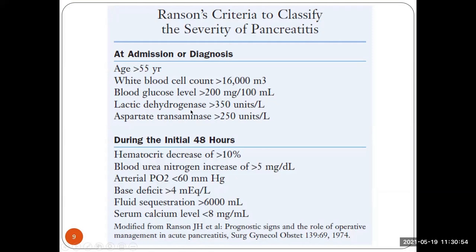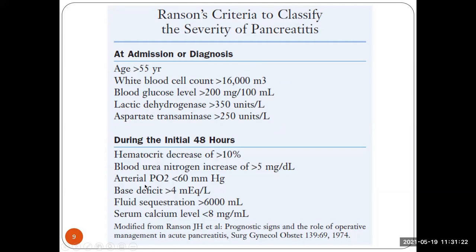Lactate dehydrogenase enzyme should be more than 350 units per liter, and similarly aspartate transaminase levels should be more than 250 units per liter. So if these conditions are there, the individual is affected by pancreatitis.